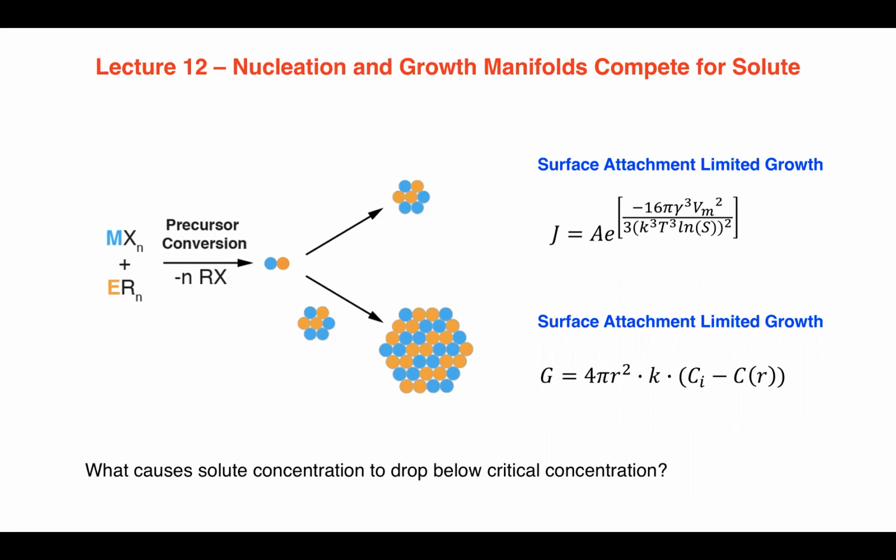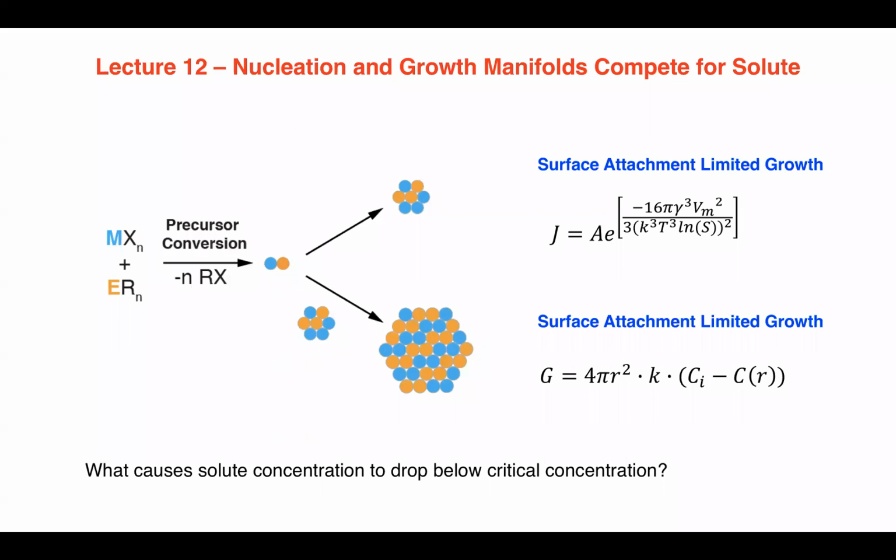Solutes can go and make nuclei, and perhaps it has some rate expression like that. For the time being, we'll assume it does. Remember, this is the classical nucleation rate. Or solutes can add to nuclei, or they can add to any other nanocrystal in the solution. And let's just take an attachment limited growth expression here to help think about that. So during the course of this reaction, solutes are made, nuclei are formed, nuclei and nanocrystals consume solutes.